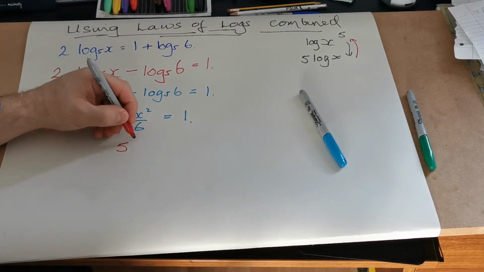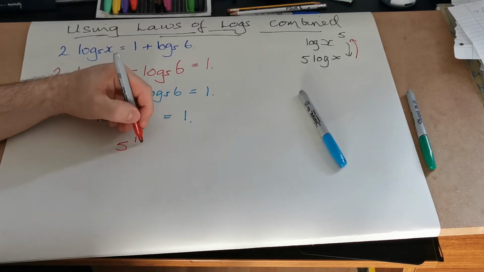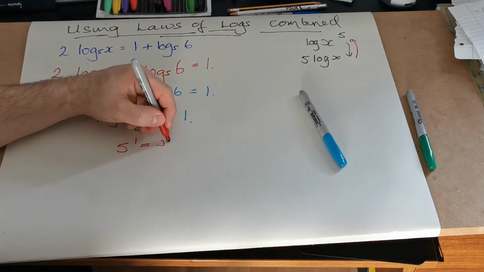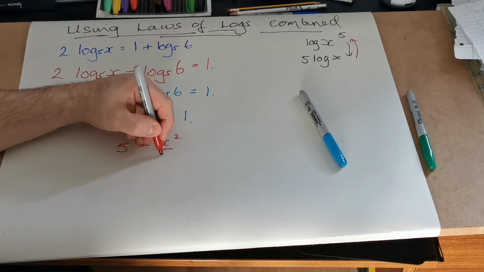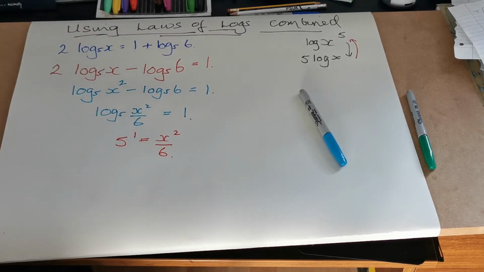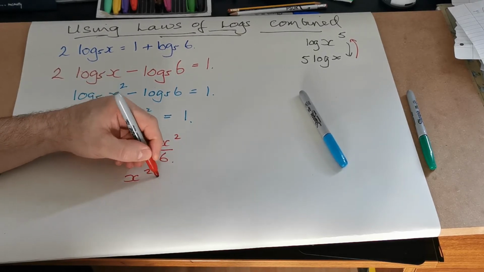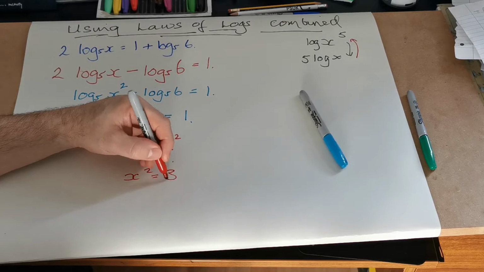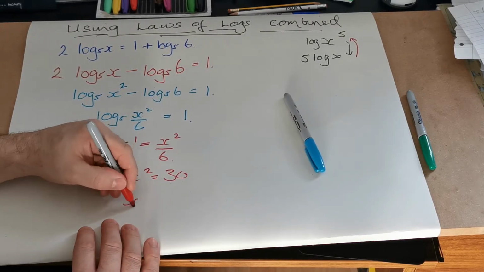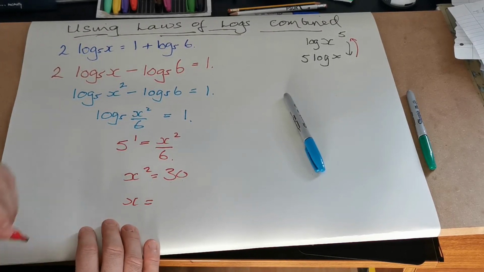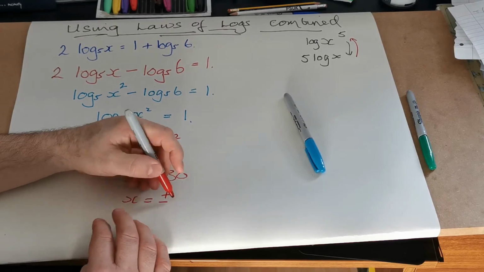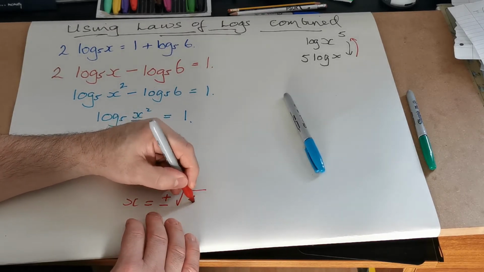So 5 to the power of 1 is equal to x squared over 6. So x squared is equal to 30, so x is equal to plus or minus root 30.